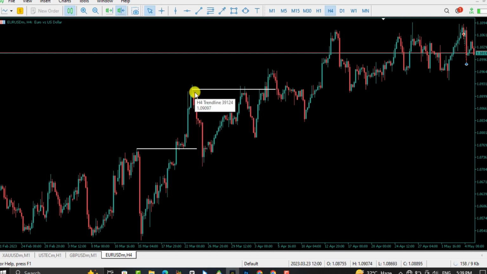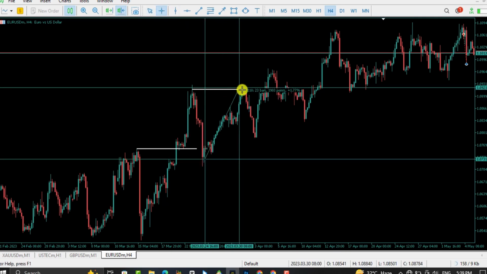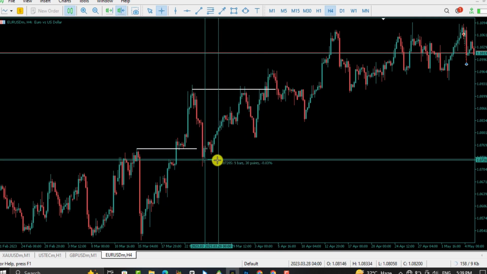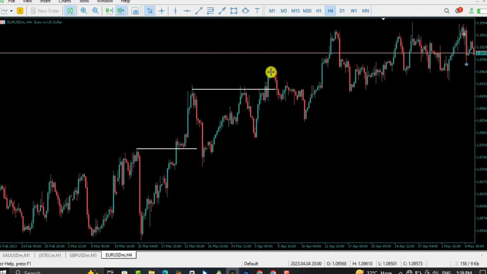The movement from here up to here is a one leg movement. It is not a movement in this form like this from here to here, here. No, it is a straight one movement up to this point. That's something I want you to have a critical look at. So far you've been able to identify two breaks of structure.